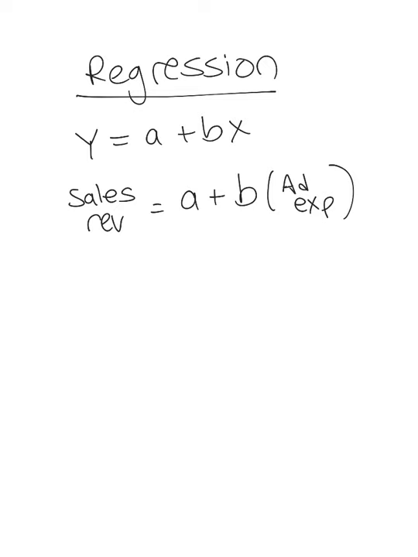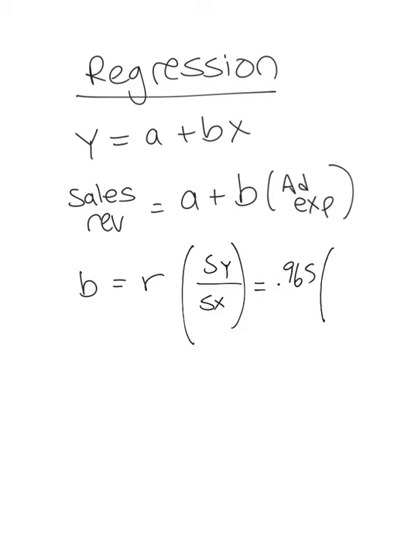So first, let's find the slope, or b. We have r, which we found in the previous step, times sy over sx, which is the ratio between the standard deviations. So our r was 0.965 times 2.94 over 1.29. This gives us a slope of 2.2.